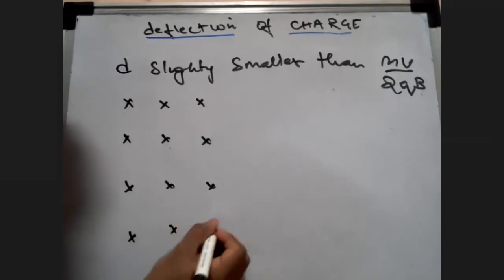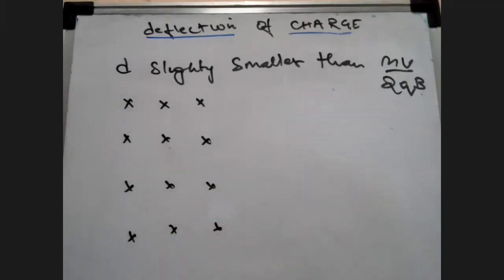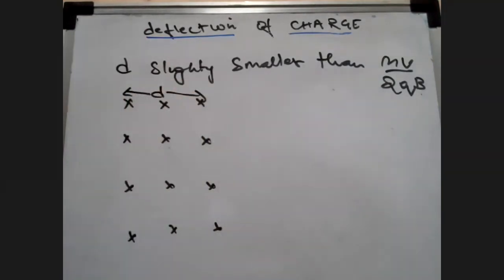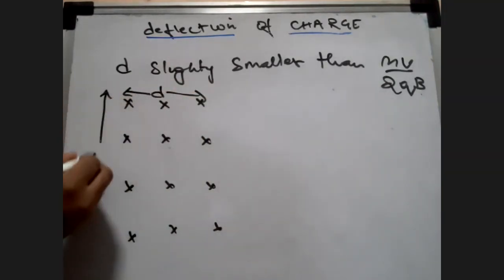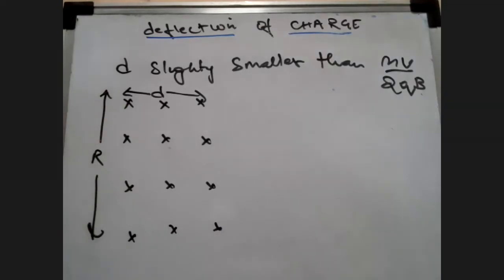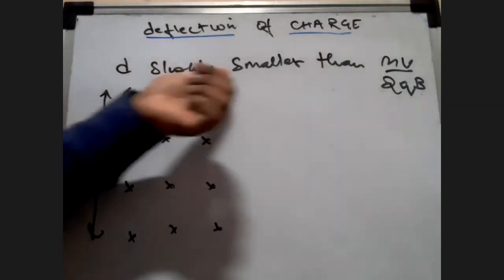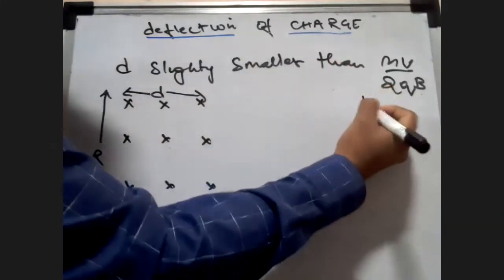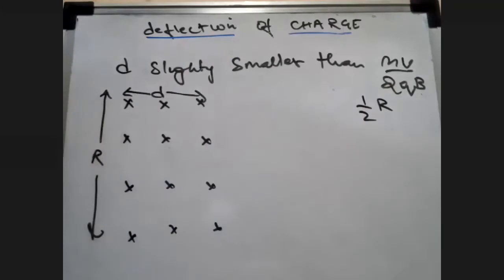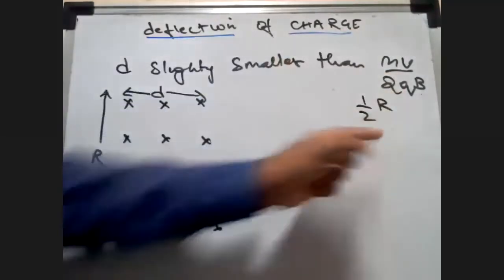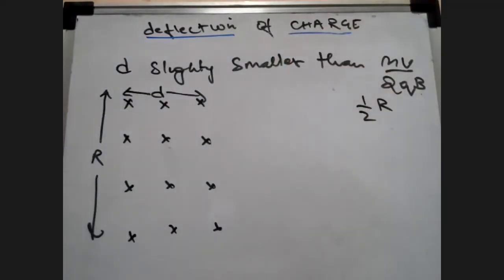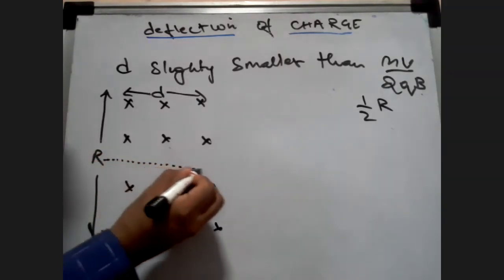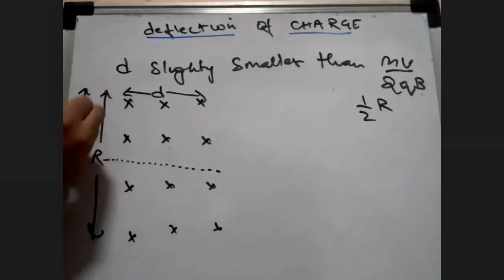And here you can obviously see that if I say this is d and this is going to be my radius R, the question is saying that d is slightly smaller than mv by 2qb. That is one by two times the radius, yes or no? R is mv upon qb, so one by two times the radius. So I can say that half of the radius is going to be R by 2.